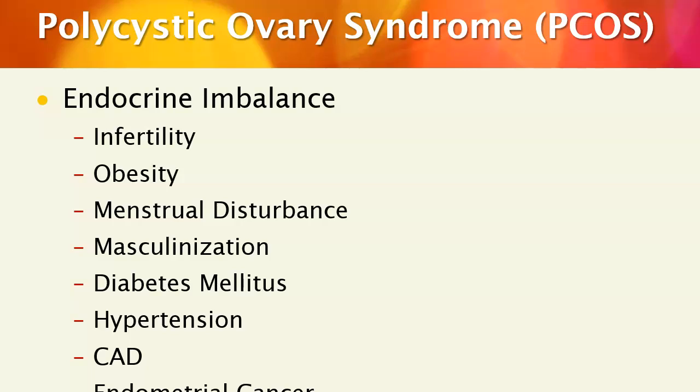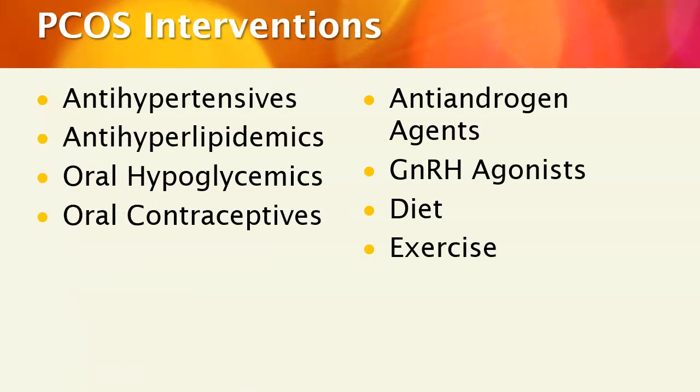Many of these symptoms are due to excess insulin in the blood due to insulin resistance. That insulin resistance is where some of the issues come from. It also stimulates androgens, which is what gives the female that masculine appearance sometimes that we see with the signs and symptoms. So for PCOS interventions, we're going to treat their symptoms. We'll do antihypertensives for the hypertension, antihyperlipidemics for the coronary artery disease, and oral hypoglycemics for type 2 diabetes.